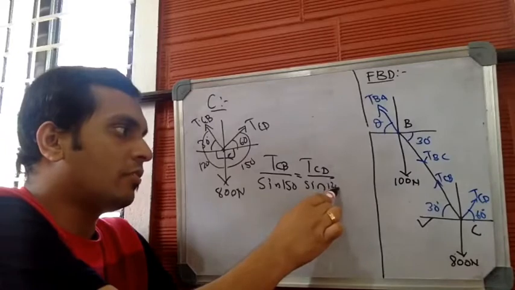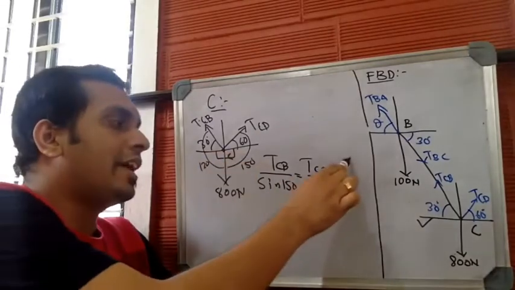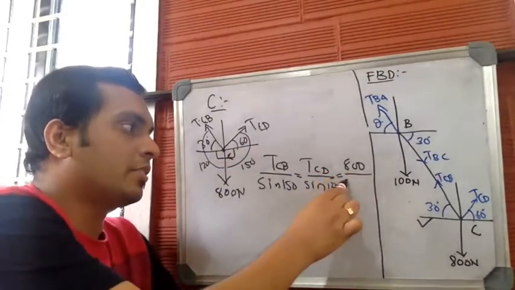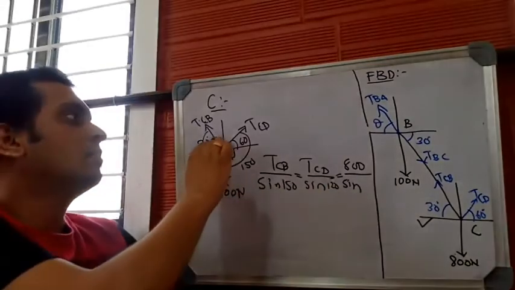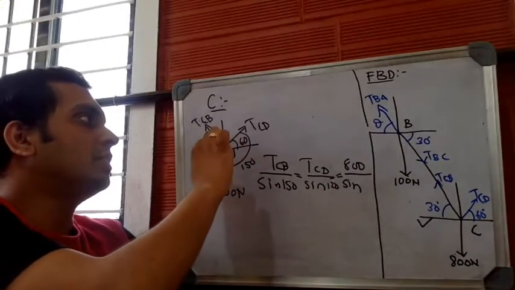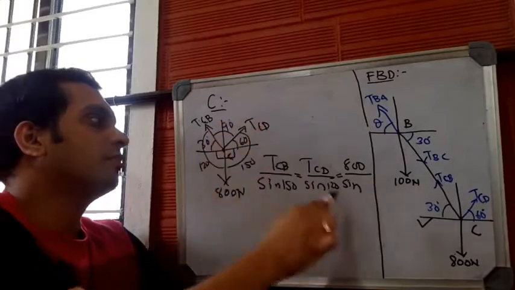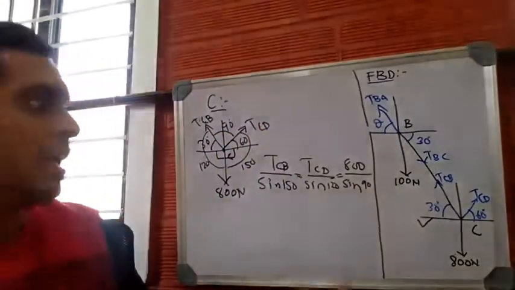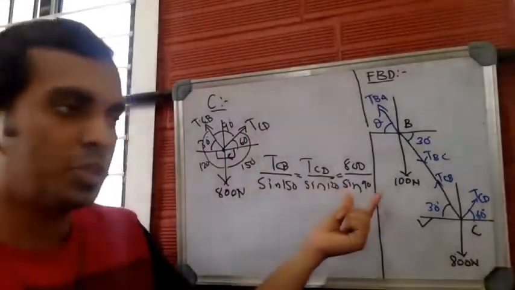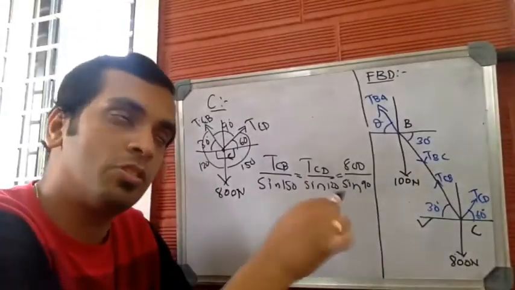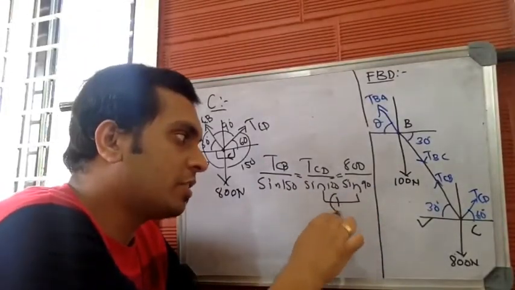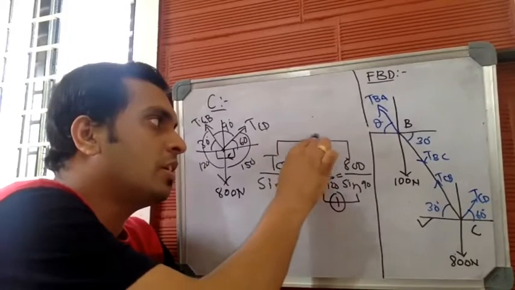Sine 120 is equal to 800 by the sine of the angle between TCB and TCD, which is 90. Sine 90. The two terms have unknowns and this particular term has no unknowns. Equate the unknowns with the known one. Let this be equation number 1 and this be equation number 2.